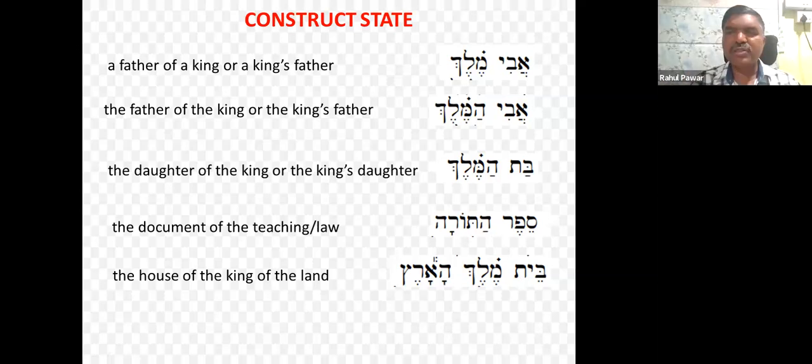And always these two words which are said to be in construct state are connected by a connecting accent, or sometimes connected with a maqqef. But maqqef is not always a construct state marker.